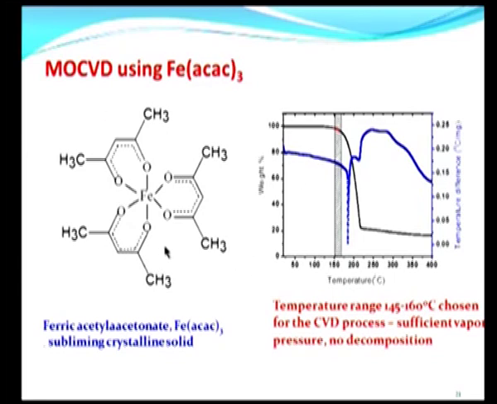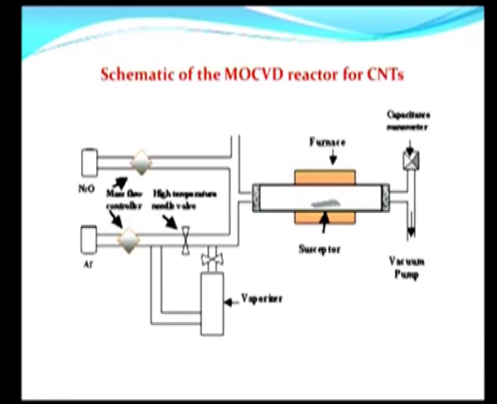Now, it turns out that this is a subliming crystalline solid and one can employ this as a CVD precursor because it sublimes and produces vapor, and when that is done in a rather simple CVD reactor, where you have a high temperature for the substrate, and then you vaporize the iron compound and carry it with argon vapor and so on.